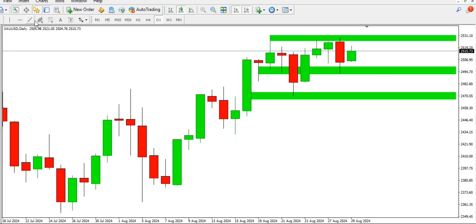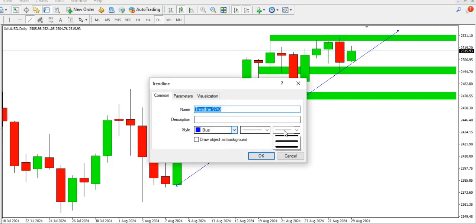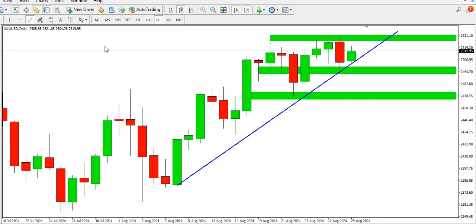If you look at the ascending trend line, it is currently being respected as price is yet to break it. The previous ascending trend line was broken yesterday, but more like a test. It was not a confirmed break, as price was able to bounce above that line.